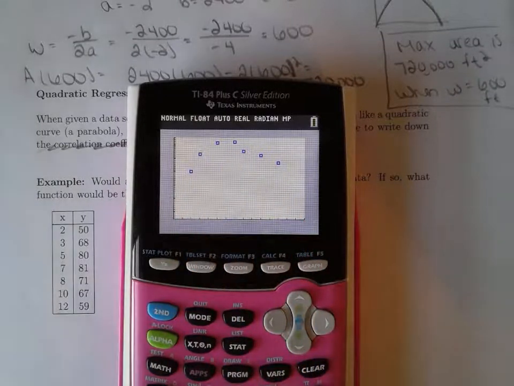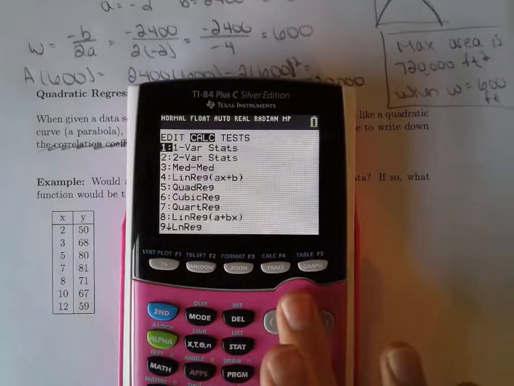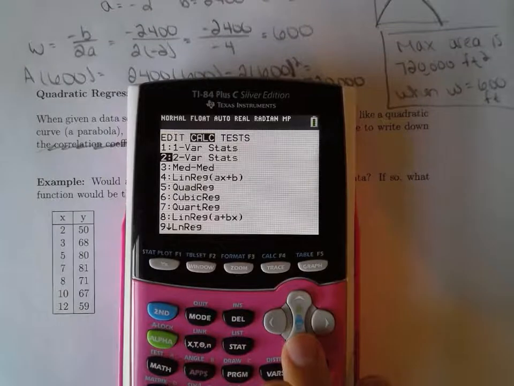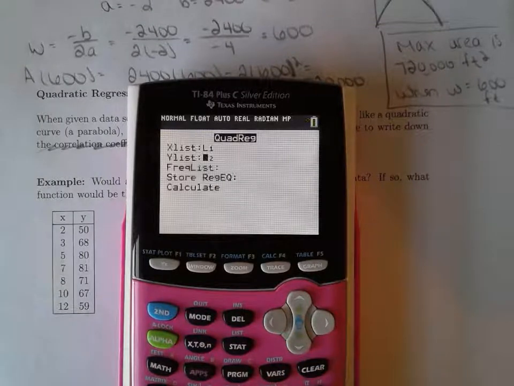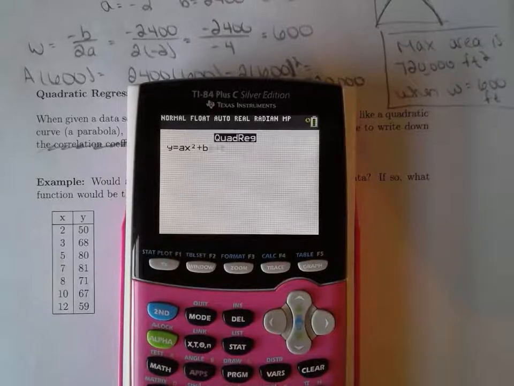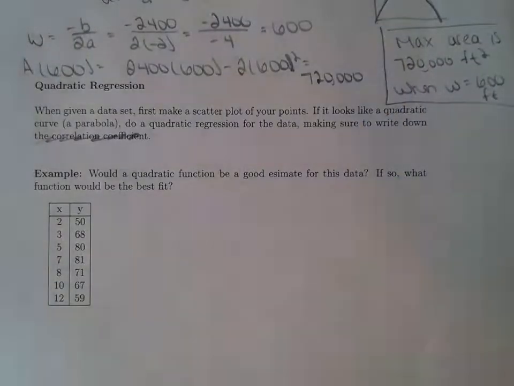Okay, so to find quadratic regression, we go to stat, over to calculate, look for quadratic regression, which is number 5 on my calculator. If you have an older version, you'll need to type in L1 and L2. Calculate through here, and there we go, which is ax squared plus bx plus c.